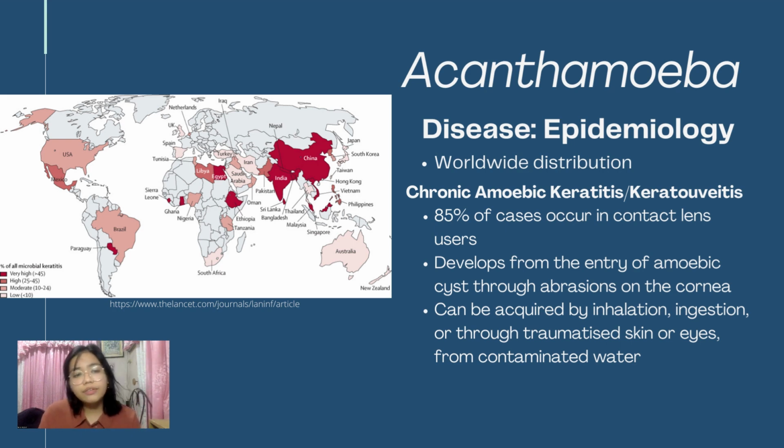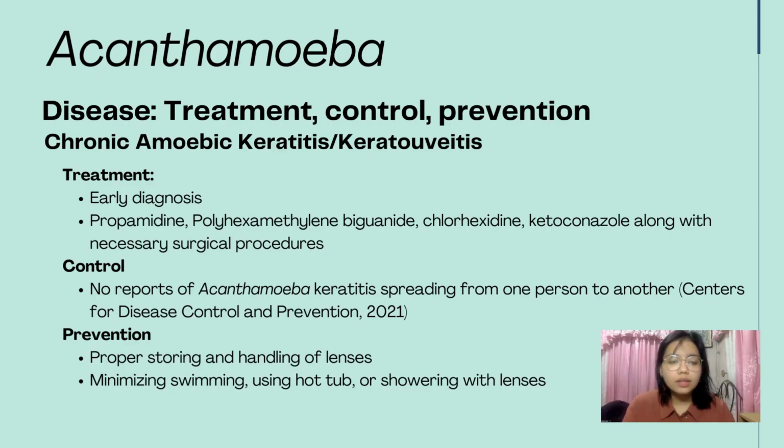And unlike the diagnosis for Naegleria fowleri, which will be discussed later on, the diagnosis for this disease is the demonstration of the cyst in the corneal scrapings by wet mount, histology, and by culture. Symptoms include eye pain, blurred vision, sensitivity to light, excessive tearing, eye redness, and a sensation of something in the eye.